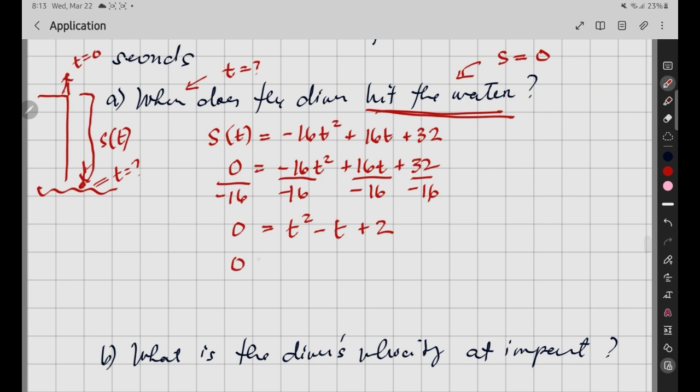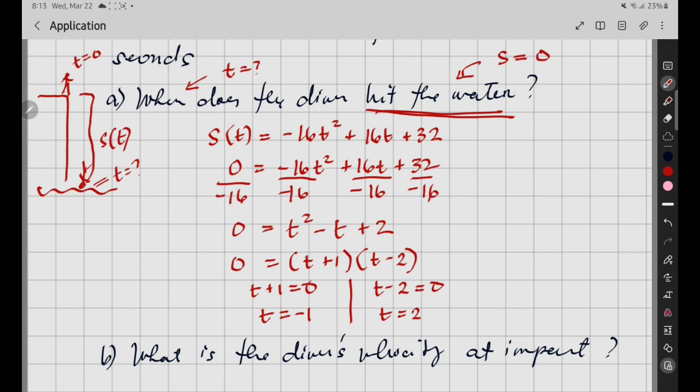We can factor this one: t plus 1 times t minus 2. Solving for t, t plus 1 equals 0, so we have t equals negative 1. And then the other one, t minus 2 equals 0, so t is equal to 2.